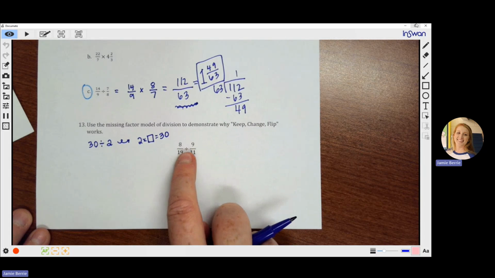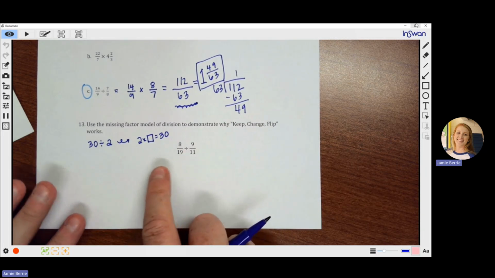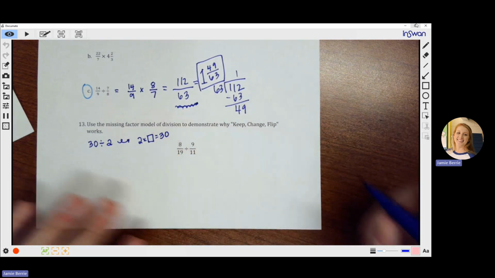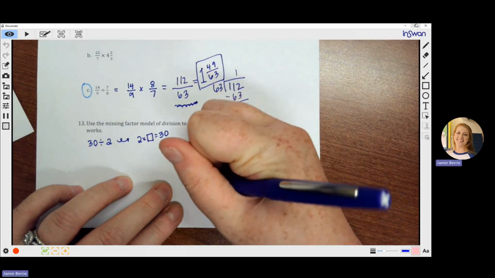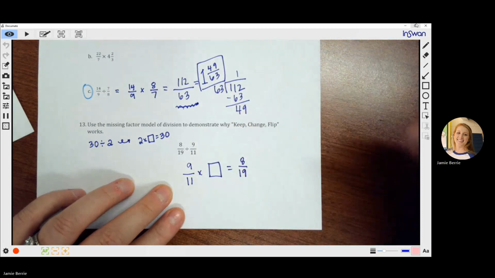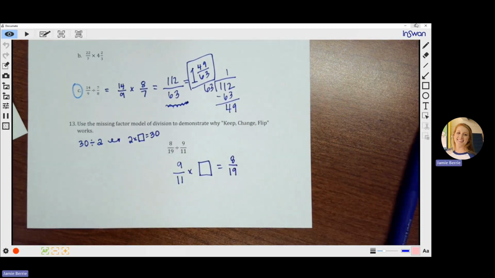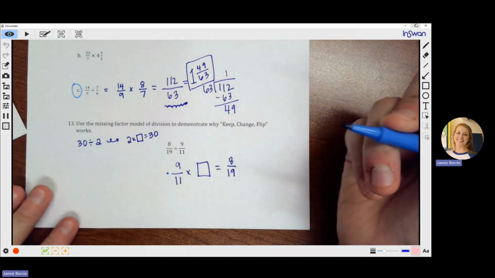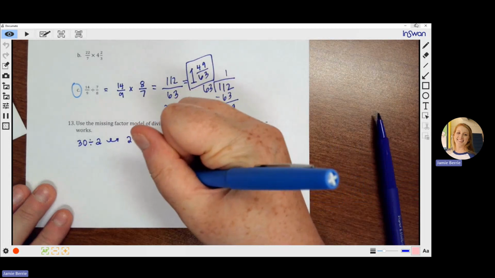8 over 19 divided by 9 over 11. We're going to say, all right, so 9 over 11 times what would give us 8 over 19? If you remember how we did this in class, when we first learned how to manipulate fractions, we learned that we can get rid of this 9/11 by multiplying it by its reciprocal.